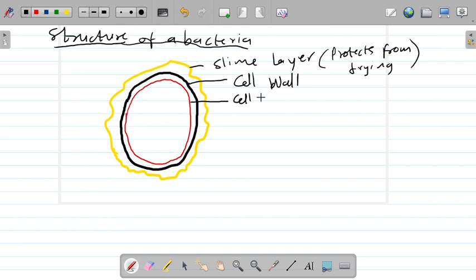Cell membrane, just like any other cell membrane, it controls the traffic, basically what goes in and out of the cell. Obviously, the cell membrane surrounds what? The cytoplasm. The whole cytoplasm is contained in there, right?